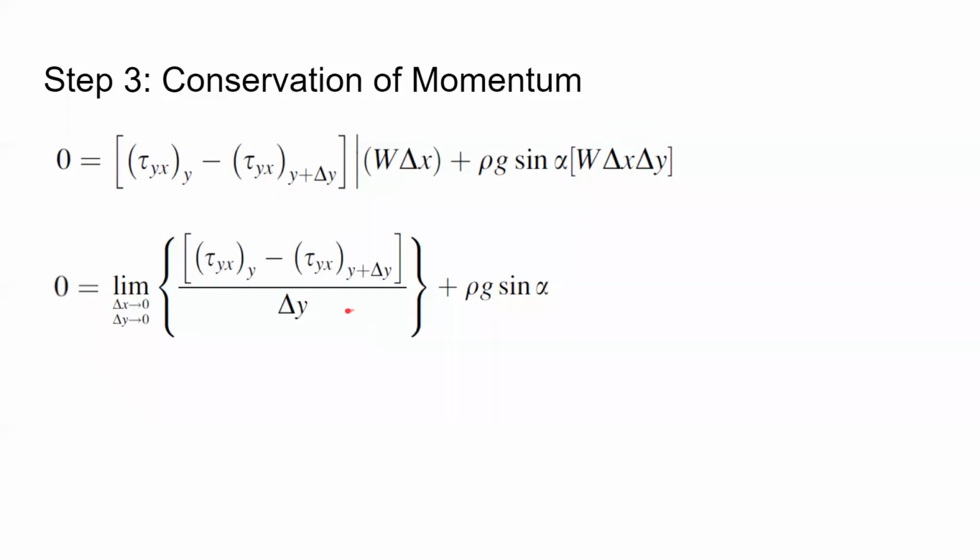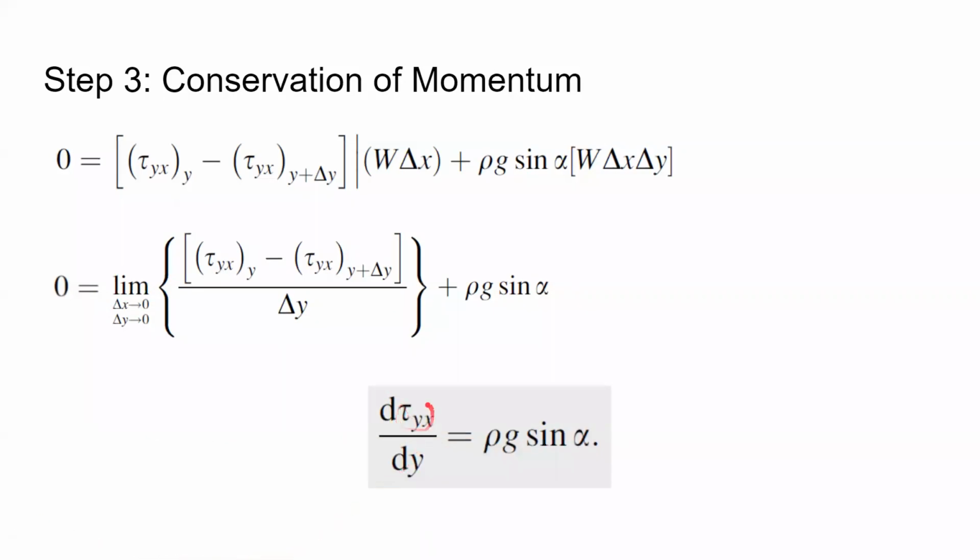We want that volume to approach zero, infinitely small. We're looking at a microscopic approach. So as we take the limit and do the math, you get this statement right here: the derivative of shear stress with respect to y is equal to rho g sine alpha.